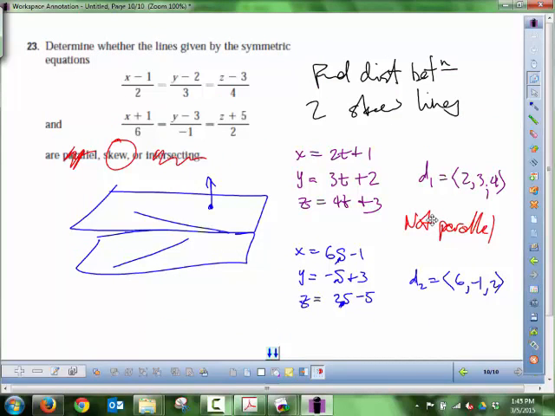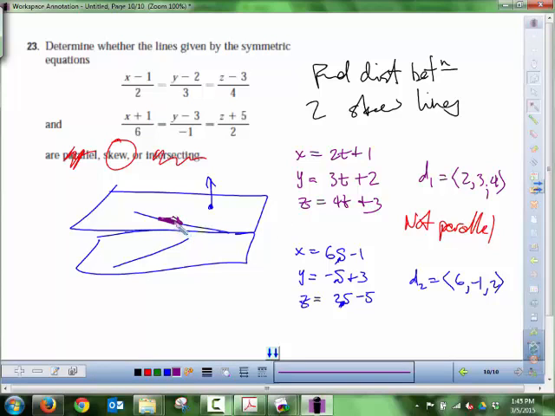So I have the direction vectors from those lines. So I know that for one plane, I have a vector on that plane. And for the other plane, the other line, I have another vector for that line. And if we move them around, they're essentially on the same plane direction.